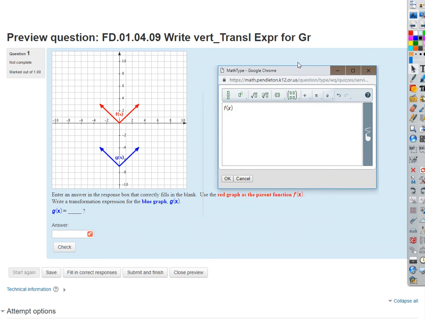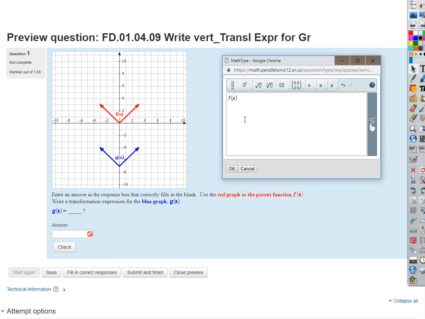I don't know what f of x is necessarily, but if I'm just writing it in terms of f of x, what would I have to do to go from red to blue? The red graph is the parent graph. That's what we're starting with. To make the transformation to get the blue graph, what did I do? Just describe it for me, not even mathematically. I made it go down 7. I shifted it down, so that's a vertical shift.